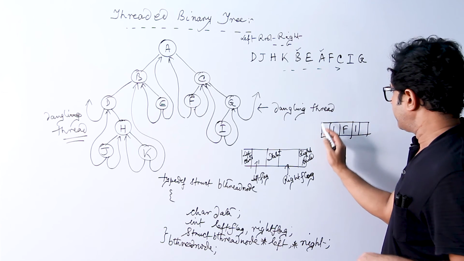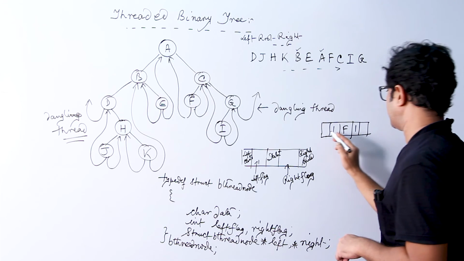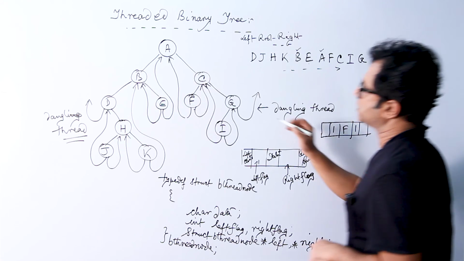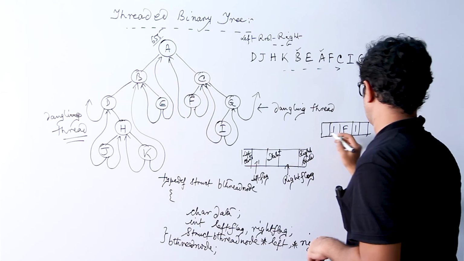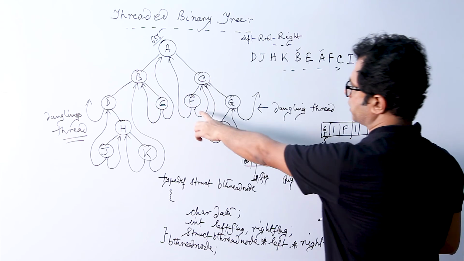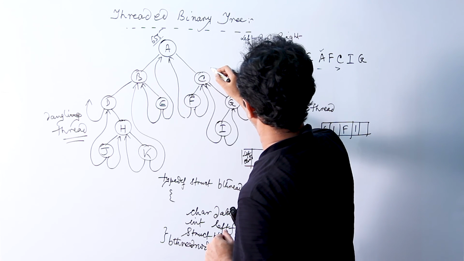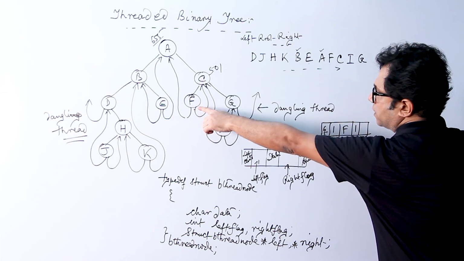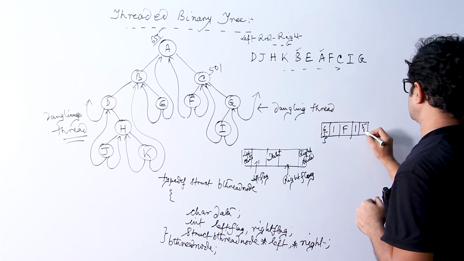It will contain the address of the inorder predecessor of F. Suppose A has an address 655, so it will contain 655. And suppose the inorder successor of F is C, and it has an address of 501. So this right pointer will have the address 501.